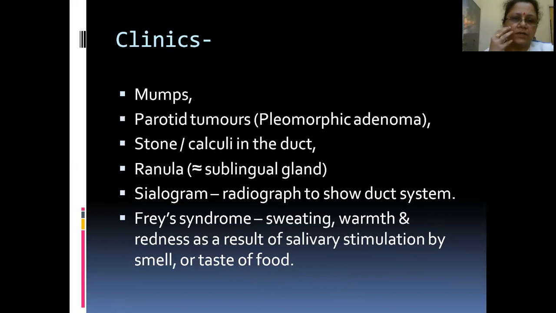If, as I told you again, some very nicely flavored food comes nearby, that person who has Frey syndrome, suddenly this area will start sweating. It will become warm and reddened. Okay, because these salivary glands are supplied by sympathetic and parasympathetic. Understood? So these three things, sweating, warmth, and redness, because of salivary stimulation, are found in the person.